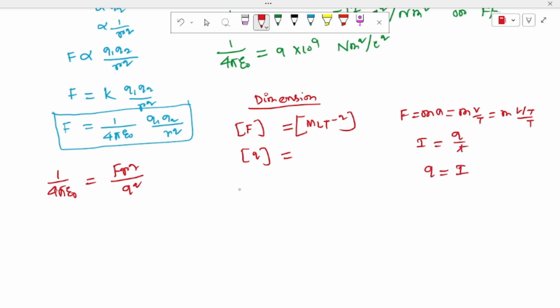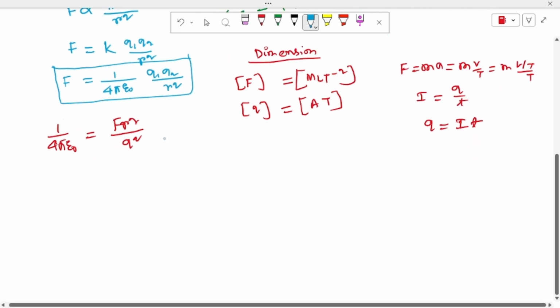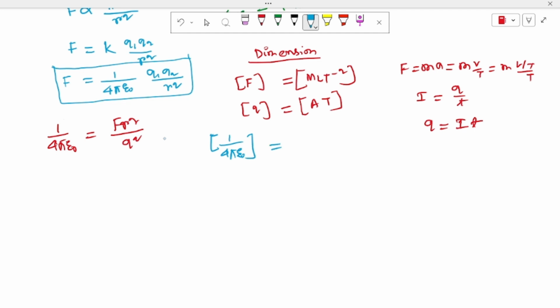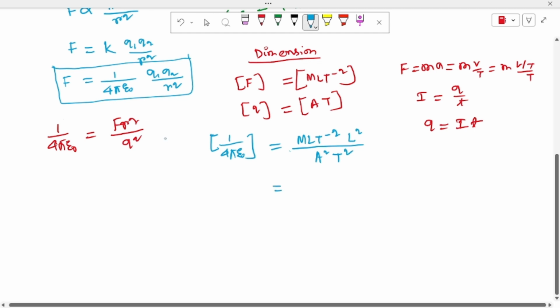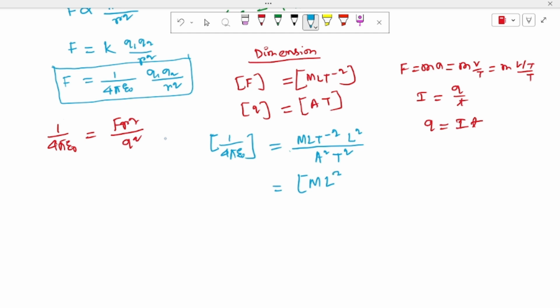So charge q is equal to current times t, and the dimension of current is ampere and time is T. So the dimension of 1 by 4 pi epsilon naught is the dimension of force, M L T to the power minus 2, times the dimension of length squared, L to the power 2, divided by the dimension of charge square, A to the power 2 T to the power 2, which is equal to M L to the power 3 T to the power minus 4 A to the power minus 2. So this is the dimension of 1 by 4 pi epsilon naught.